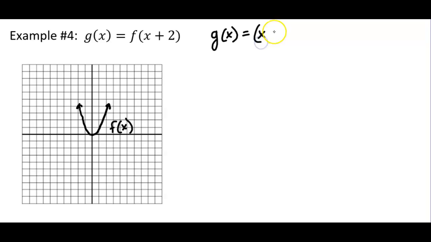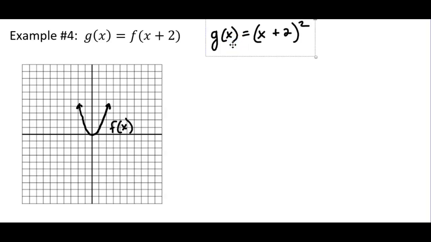So g of x would look like this: x plus 2, squared. Sometimes you're going to get the equations like that. That matches what we're talking about here: you're adding 2 to the input before you apply the function, which is the squaring function, okay? So that's what's going on here.